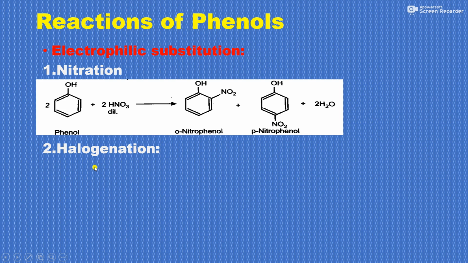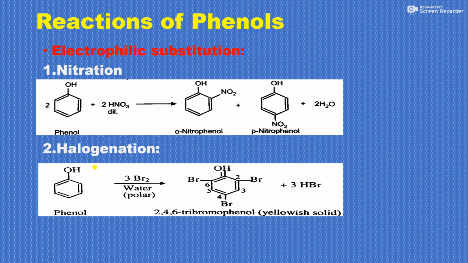The second reaction is halogenation. In halogenation, when phenol is reacted with bromine in water, one or sometimes many hydrogens from the second carbon, fourth carbon and sixth carbon are replaced by bromine atoms.